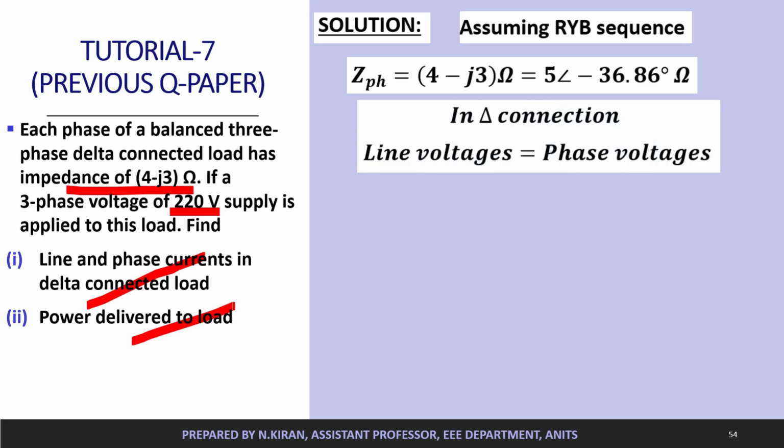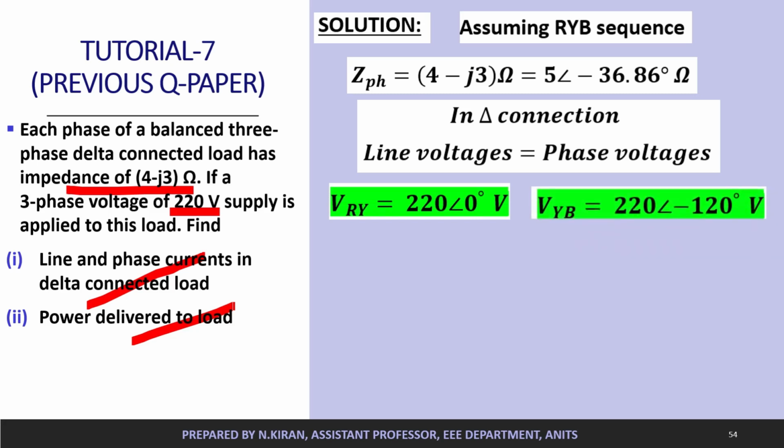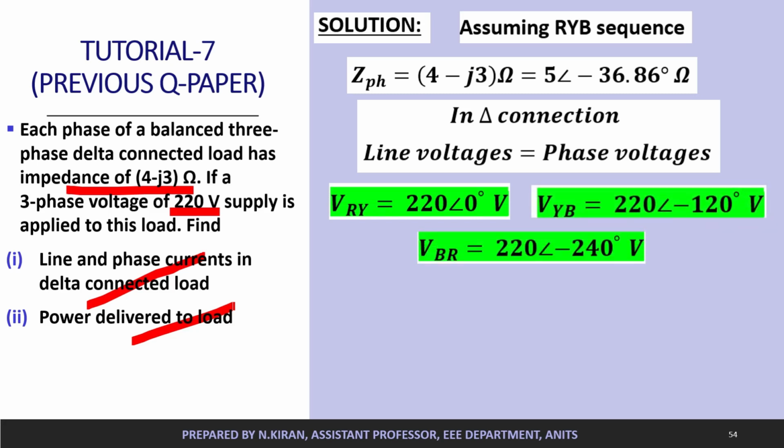Since this is delta connection, the magnitude of line voltage is equal to phase voltage, which is nothing but VRY 220 at an angle 0, VYB 220 at an angle minus 120, and VBR 220 at an angle minus 240 volts.